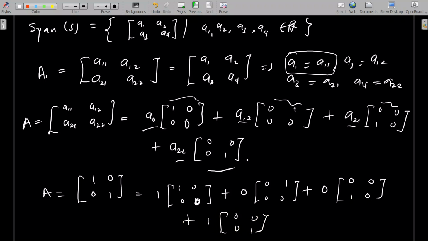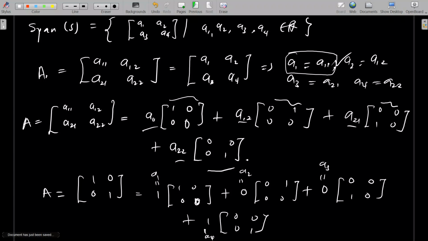And so this is an example of a matrix that you can pick, and this will be your A1, which is the same as the A11 I have here, then A2, A3, and A4. So any matrix you can pick can actually be written as a linear combination of the vectors in the given set.